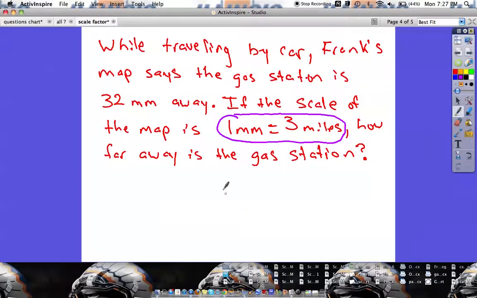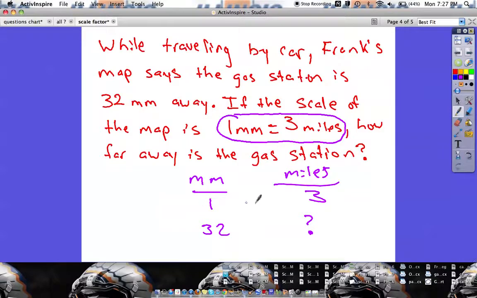Basically we're saying that 1 millimeter equals 3 miles. 1 millimeter is on the map, 3 miles is in real life. So I'll put millimeters here, miles here. Many of you can probably solve this without doing this, which would be perfectly fine, but this is just an option. If 1 millimeter equals 3 miles, 32 millimeters is going to equal how many?